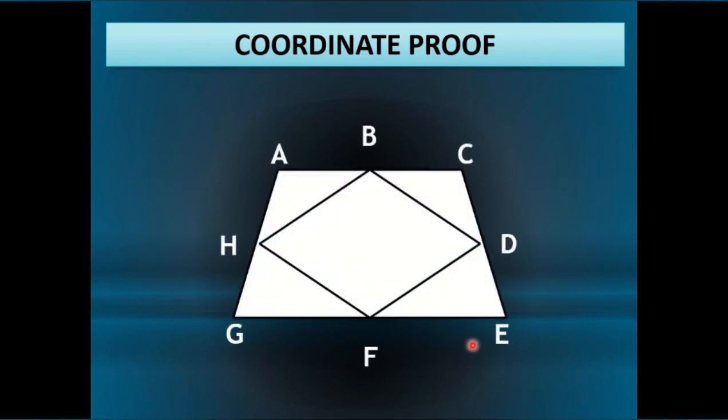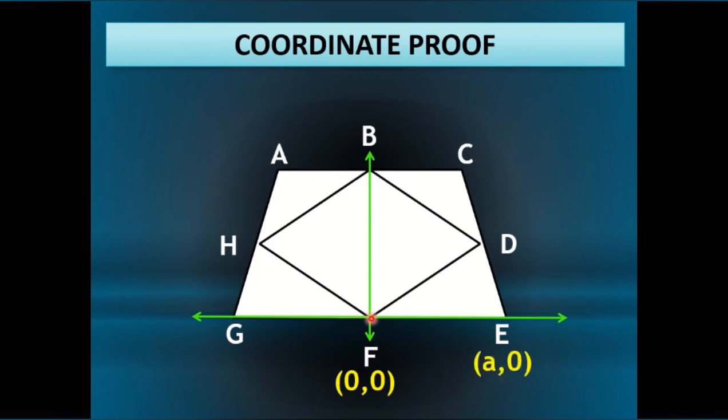So let us name first the missing coordinates of this given figure. Let us draw our x and y axis. Let us say our given figure lies on both the first and second quadrant. For point F, the coordinates will be 0, 0 because it is found at the origin.